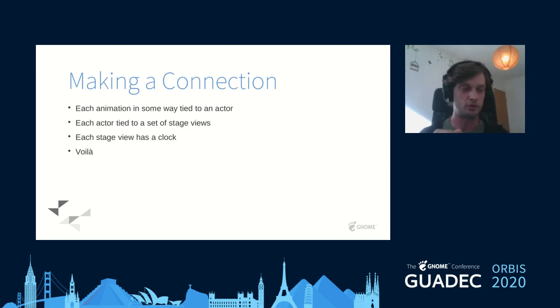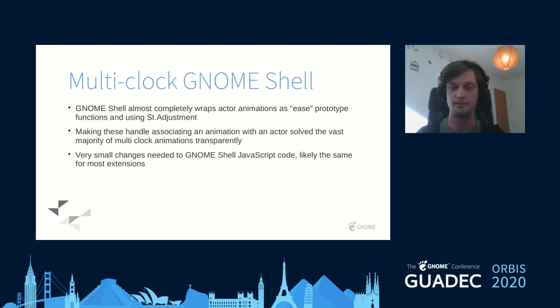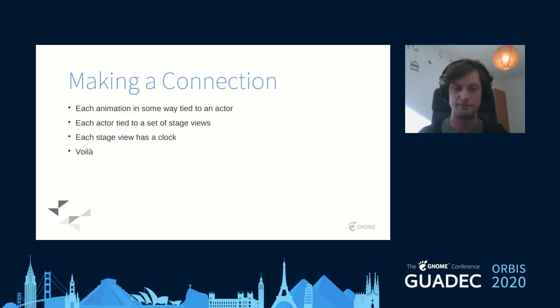An actor would already know on what views it would be painted on or was painting on. And now with the new frame clock, each view had a clock, and voila, we could find a suitable clock by just looking at the actor the animation was tied to. Next slide.